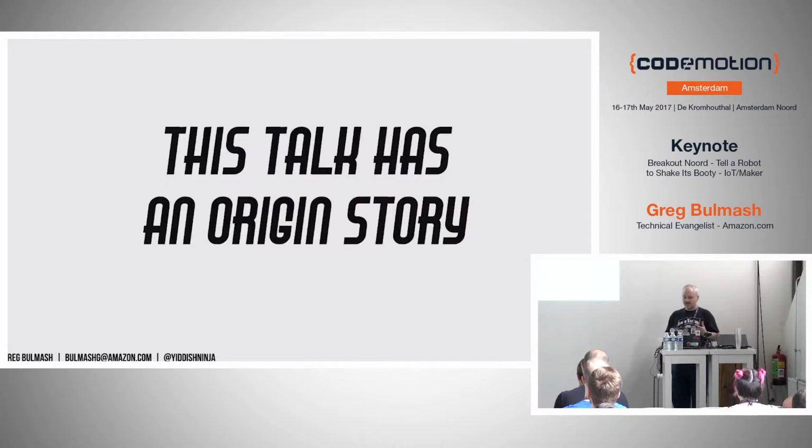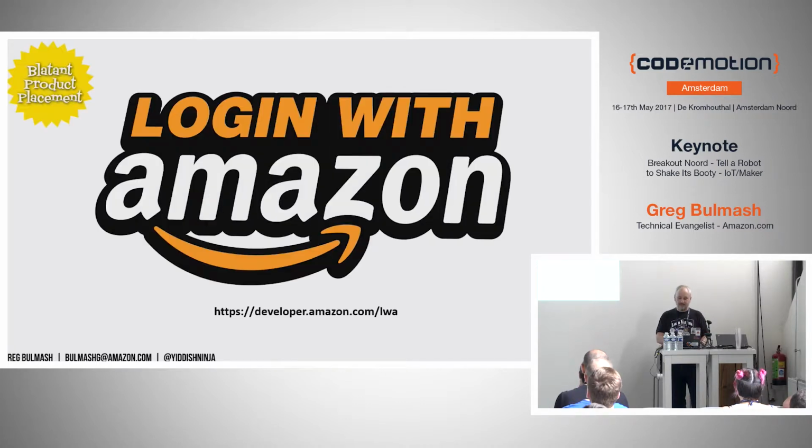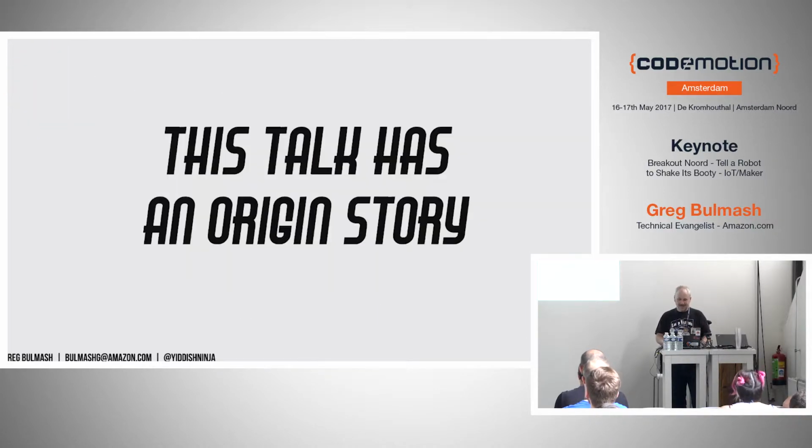So this talk has an origin story. I'll try to make it short. Last year I was new to my role as a technical evangelist for Login with Amazon, blatant product placement. This is how I'm paying my trip over here. Though I'd built a few logins, I was new to OAuth, and once I had the basics of our profile API under my belt, I wanted to see some of the other things that Login with Amazon powered.